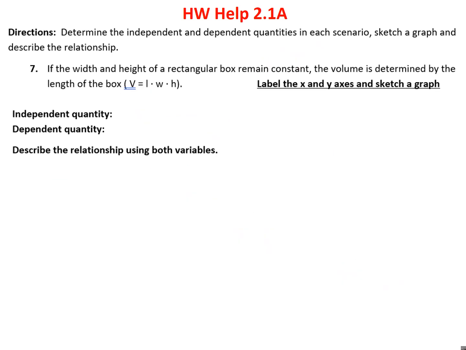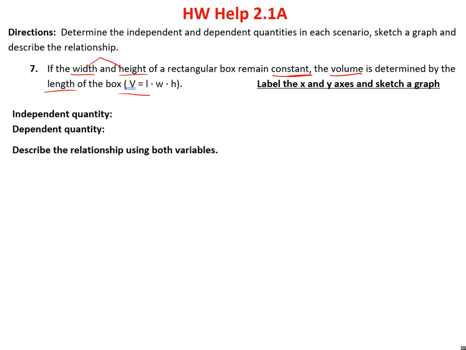Problem 7 is a little bit similar to problem 6, although it's a different amount. It says if the width and height of a rectangular box remain constant, the volume is determined by the length. So we got width, we got height, then we got length. But these two, they say, are going to remain constant, so they're not varying. But the length is going to vary, and the volume. So which one is dependent upon which?